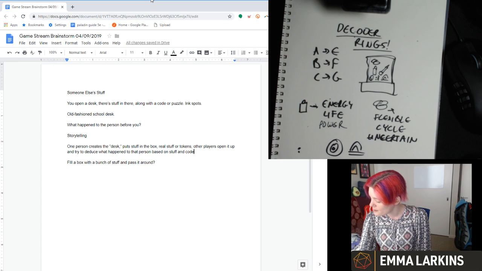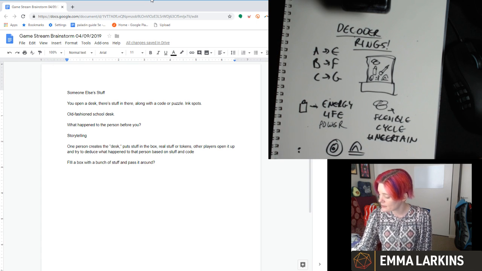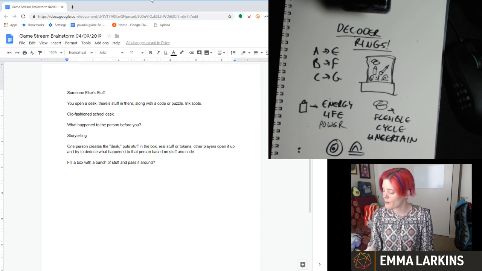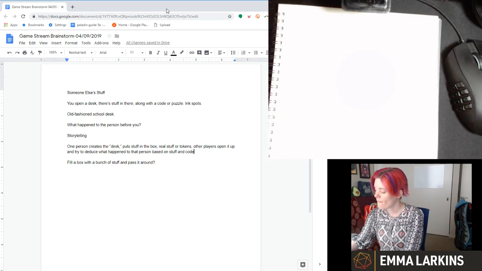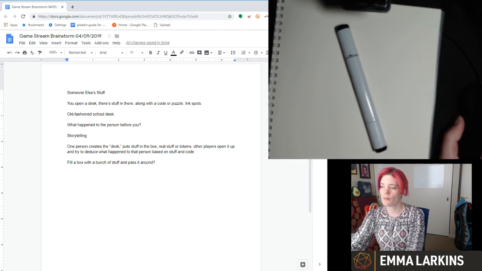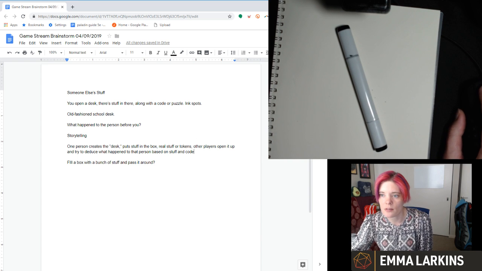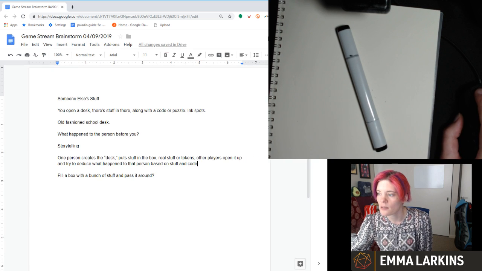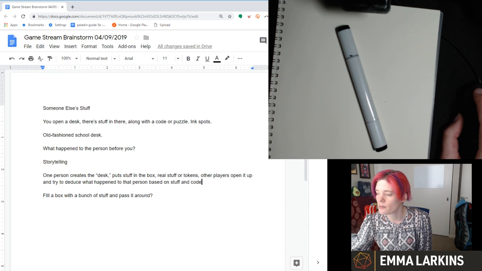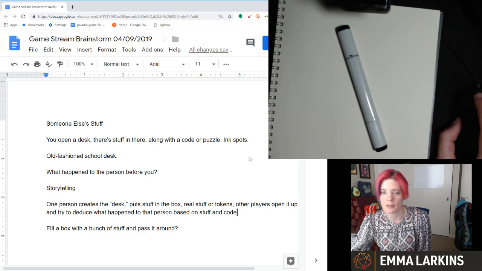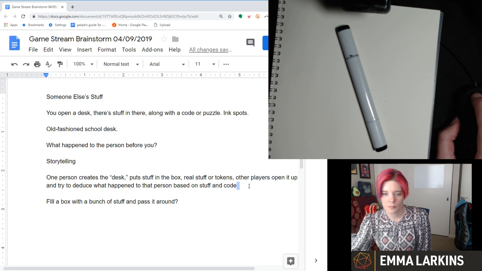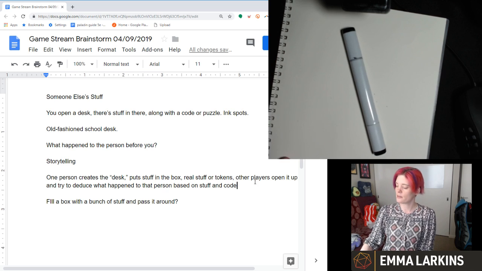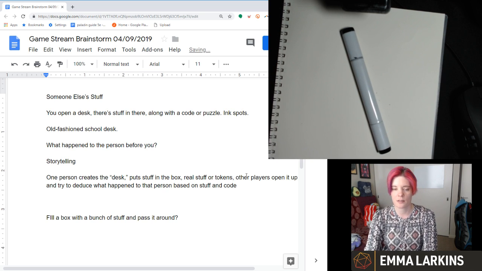Cool. So we have some potential ideas floating around here, decoding things based on items. I'm going to come back over here to the written notes. I realize this is a little smaller than I want it to be, so I'll bump it up so it's easier to see. One person puts the stuff in there, different things.